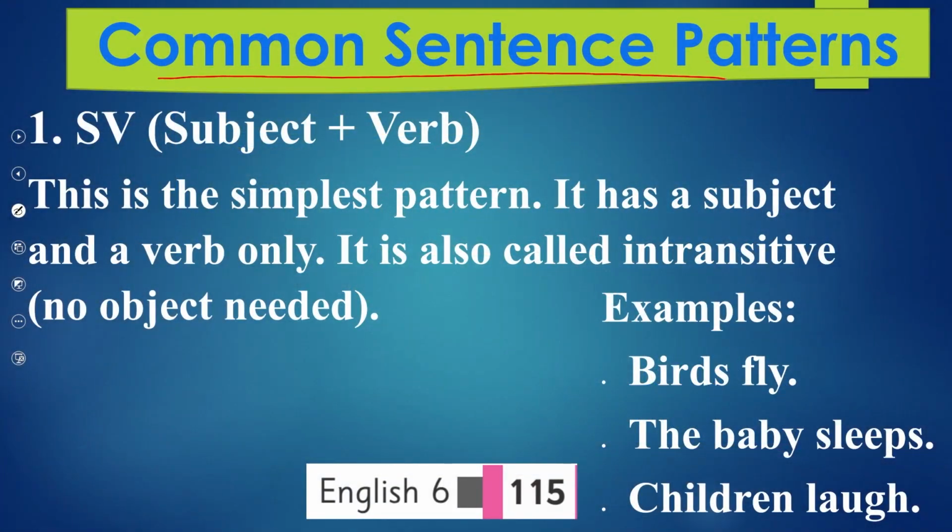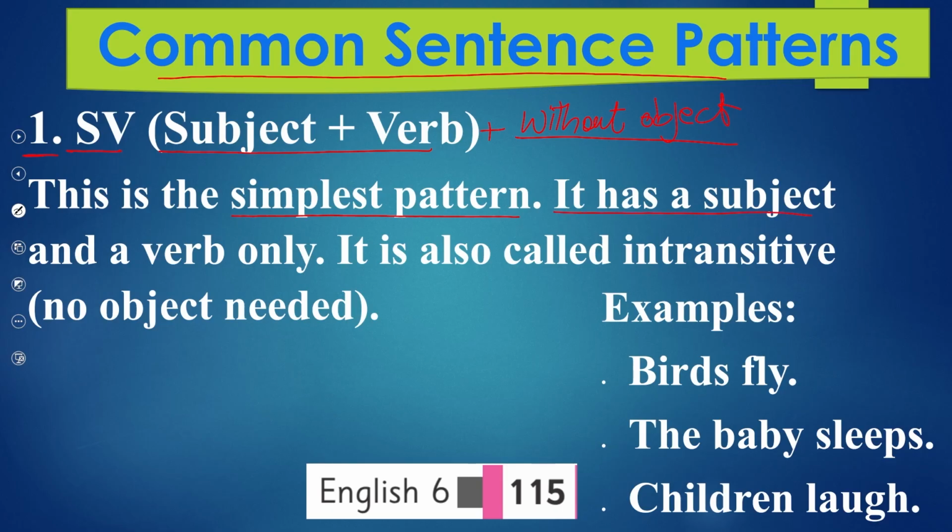Common sentence patterns. Once again, the first one is subject verb, it means without object. This pattern is the simplest pattern.